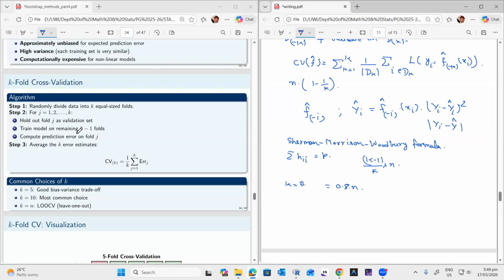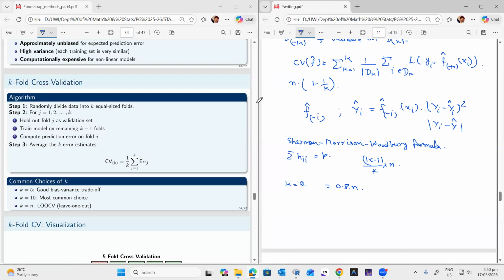Compute the prediction error on fold j. The fitted model is used to predict the responses for all observations in the held-out fold j. A loss function L is applied to each prediction, and an average error, for example mean squared error, is computed for the fold.